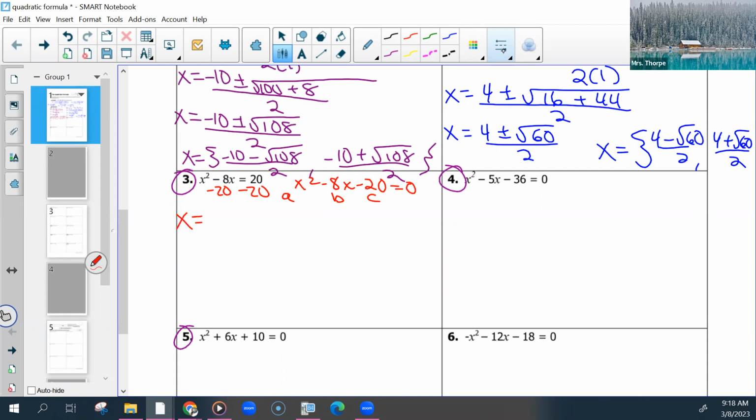X equals negative b, but it's already negative, plus or minus the square root of b squared minus 4 times a times c, all over 2 times a.